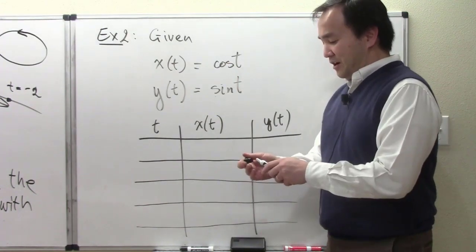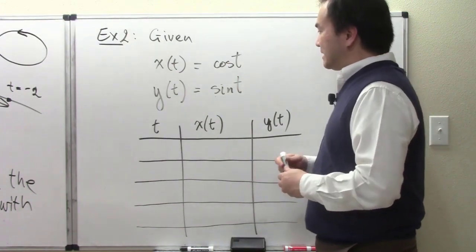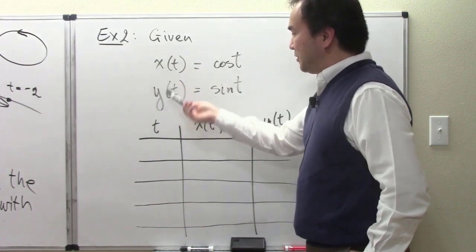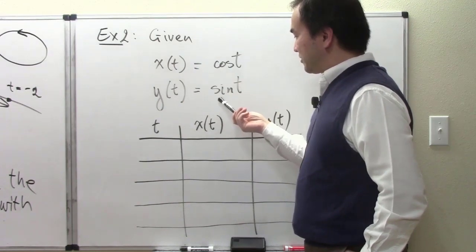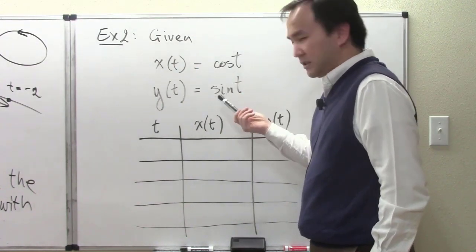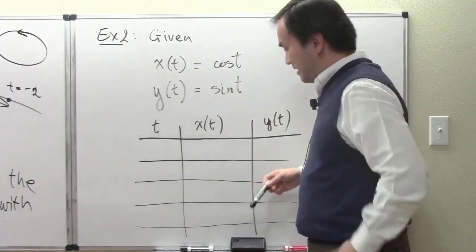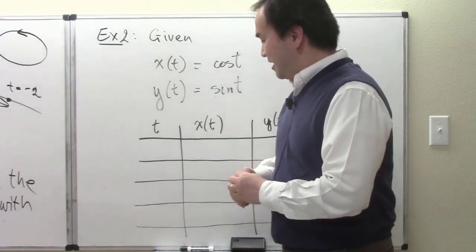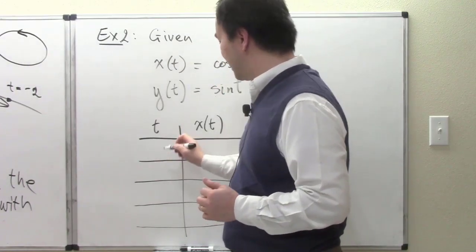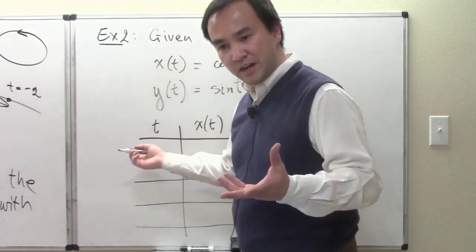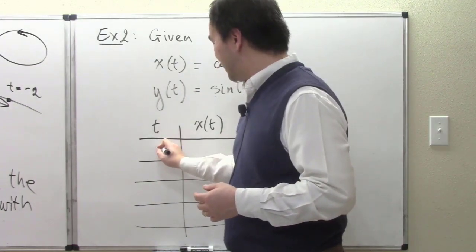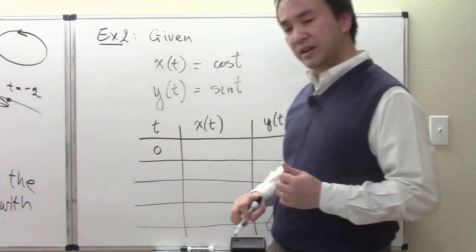Okay, and so now, these two are parametric equations that involve trig functions. Traditionally, when it comes to trig functions, it's easier to go with radians, the units in pi. So I can start out with t equals 0.